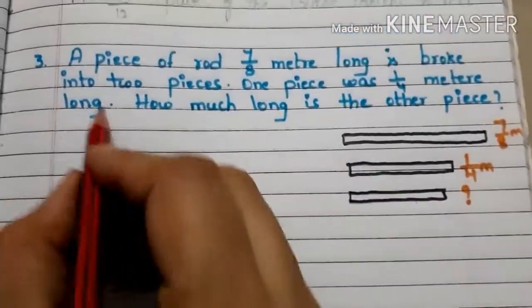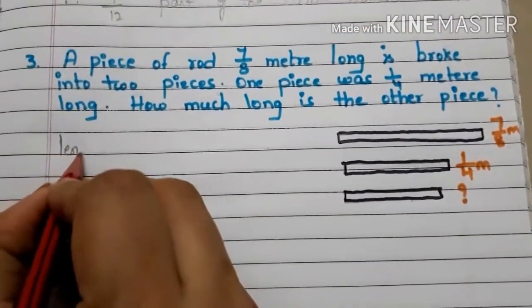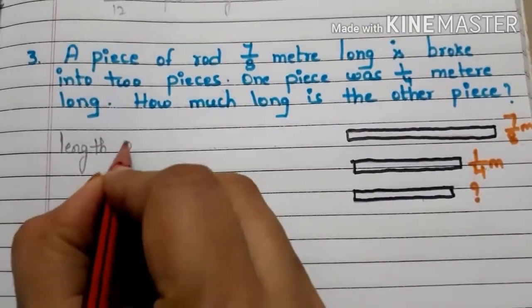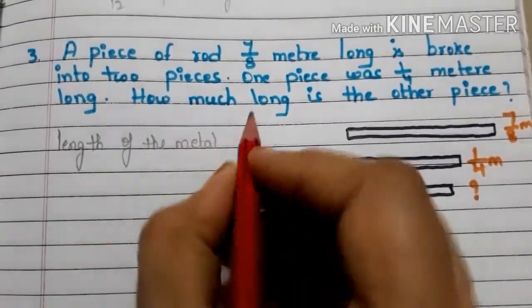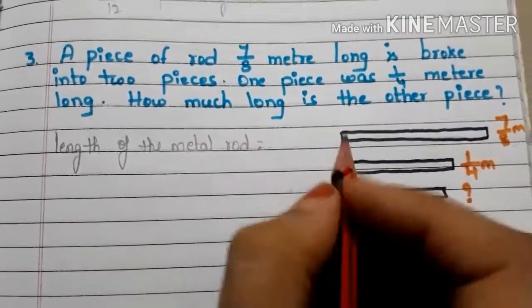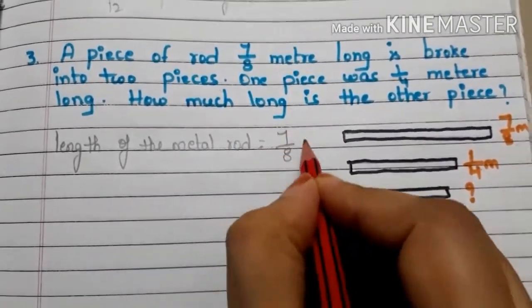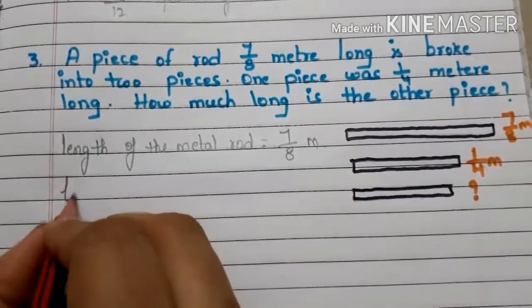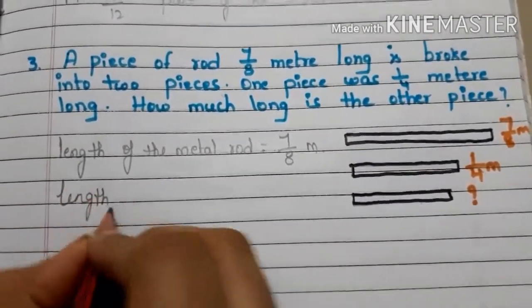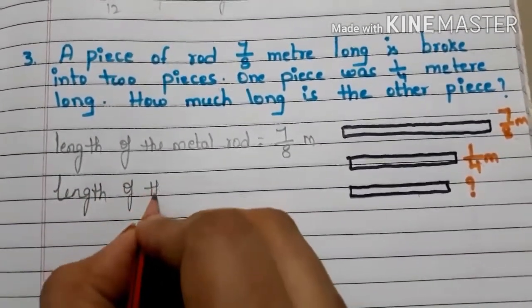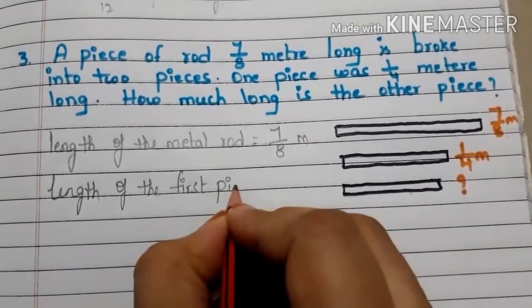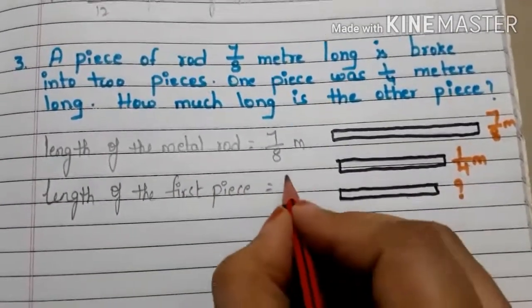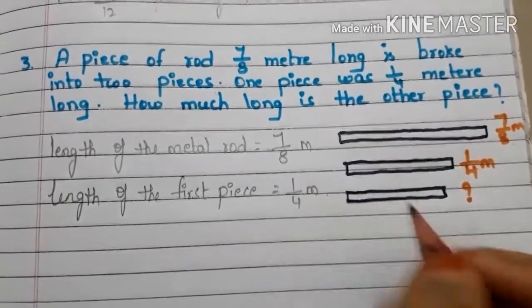Right here. Length of the metal rod. How much? 7 by 8 meters. Okay, now right here, length of the first piece is how much? 1 by 4 meters.